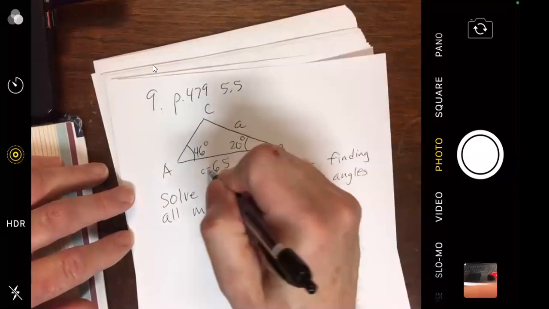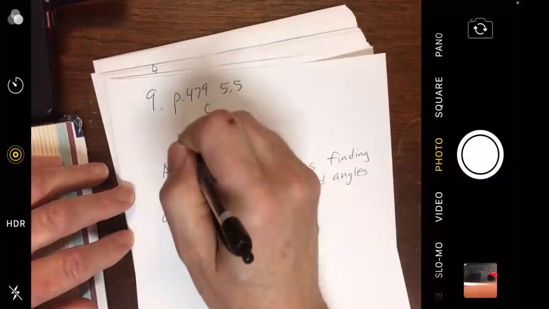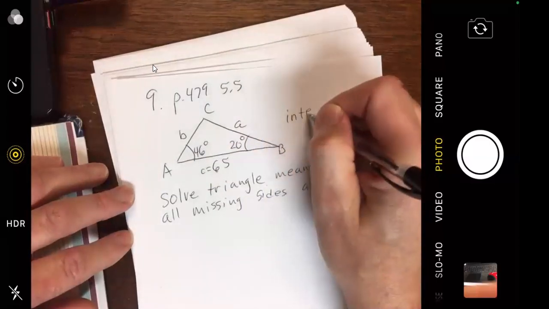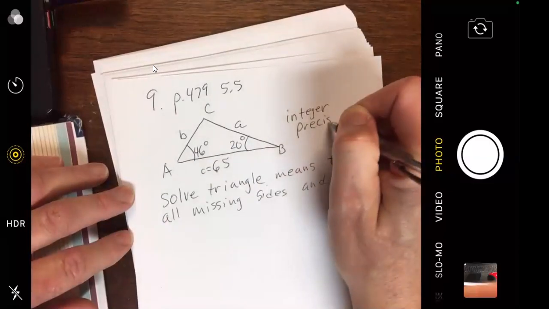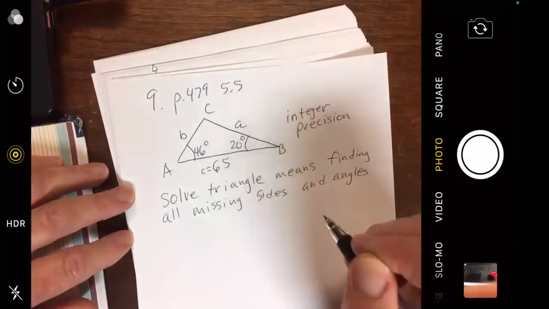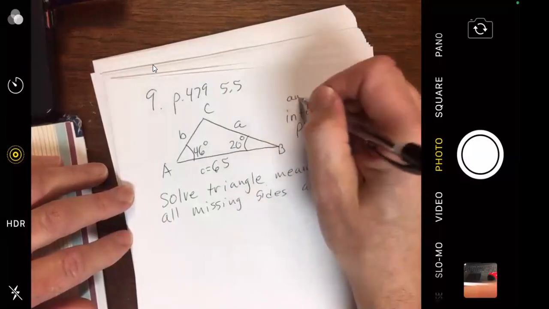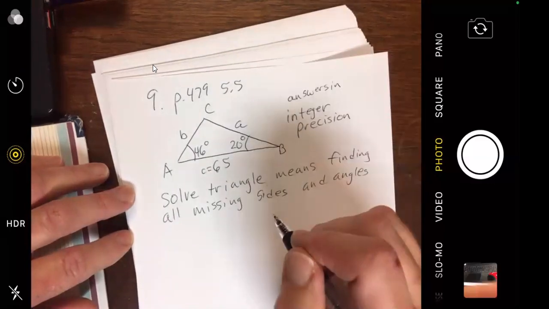This is little c, because it's opposite big C, and this is little b, because it's opposite big B. We have integer precision here, so answers will be in integer precision.